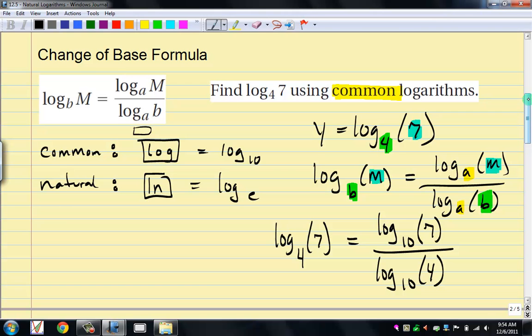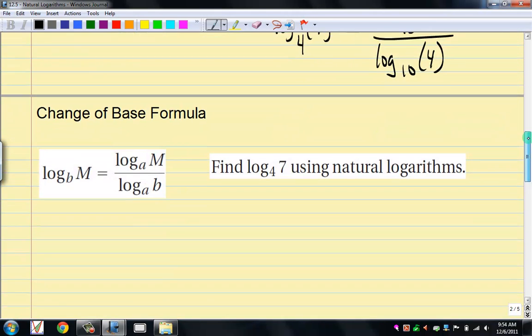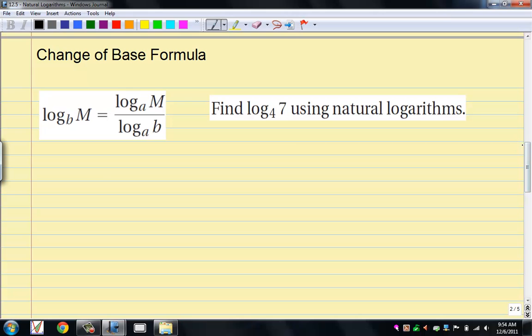We're also going to do a change of base, the same idea, but with the natural logs. And so this time we want to use the natural logarithms. And so instead of using log base 10, we're going to use log base e, or ln. So again, here's our change of base formula.